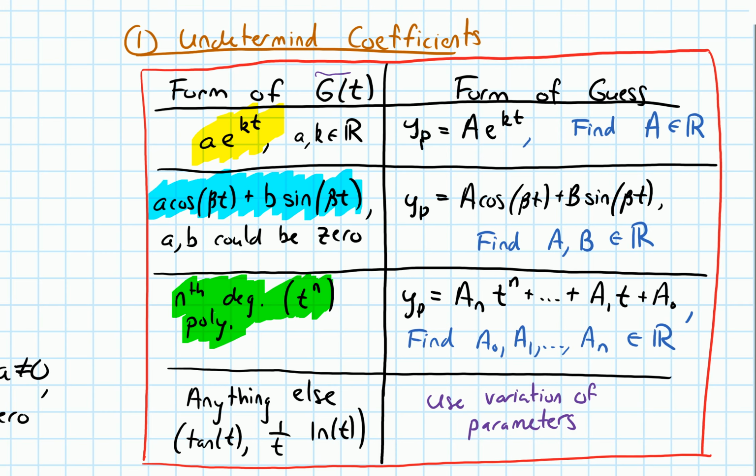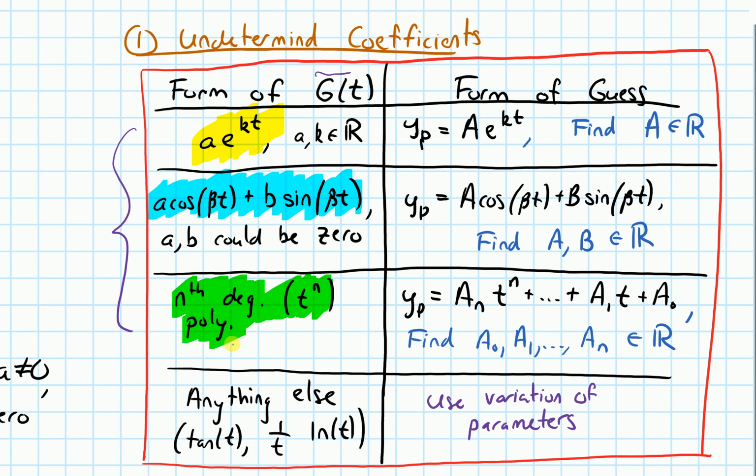The main reason, in a nutshell, why undetermined coefficients will apply for these three categories is because exponential functions have derivatives that look really similar to the original function. Just maybe an extra constant will pop out. The same thing is true with cosines and sines. Their derivatives are just other cosines and sines.